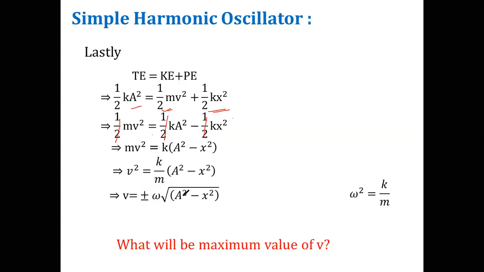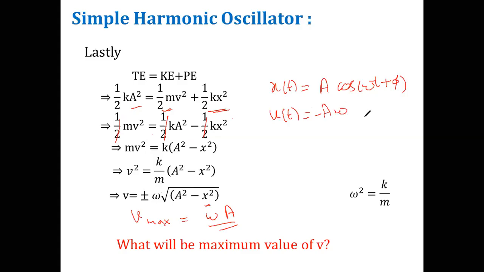Now, if you talk about the maximum value of velocity, your maximum value of velocity will be when your x is minimum, and the minimum value of x is equal to 0. And hence your maximum velocity is equal to omega a, and we derived that when we said that your x is equal to a cos(omega t plus phi), and then we said that your velocity will be equal to minus a omega sine(omega t plus phi).